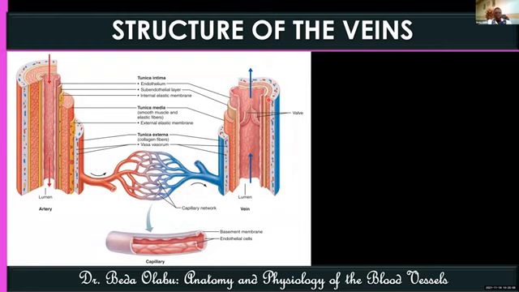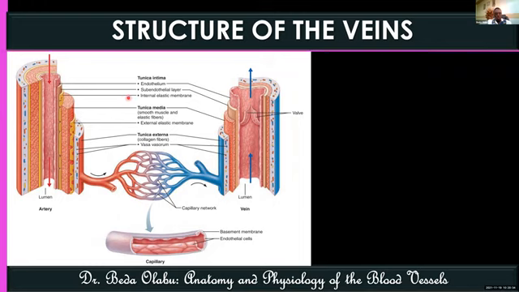The other unique thing about the veins is that they have a wider lumen compared to the corresponding artery. They also have a thinner tunica media compared to the corresponding artery.